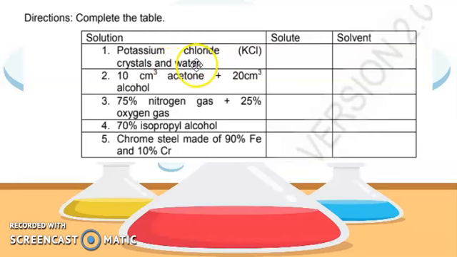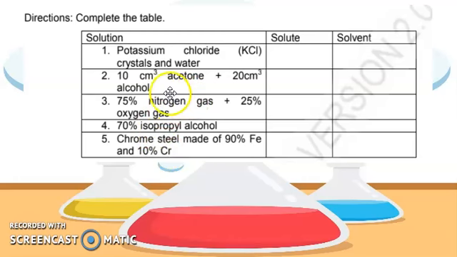Potassium chloride crystals and water. Our clue here is that potassium chloride has formed crystals already. That means it is of larger amount. So our solute therefore in this number 1 is water. The solvent is the potassium chloride.